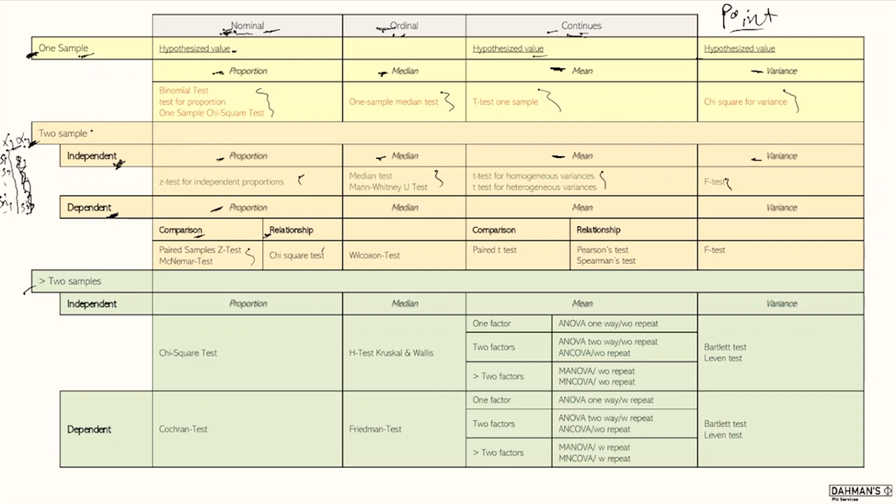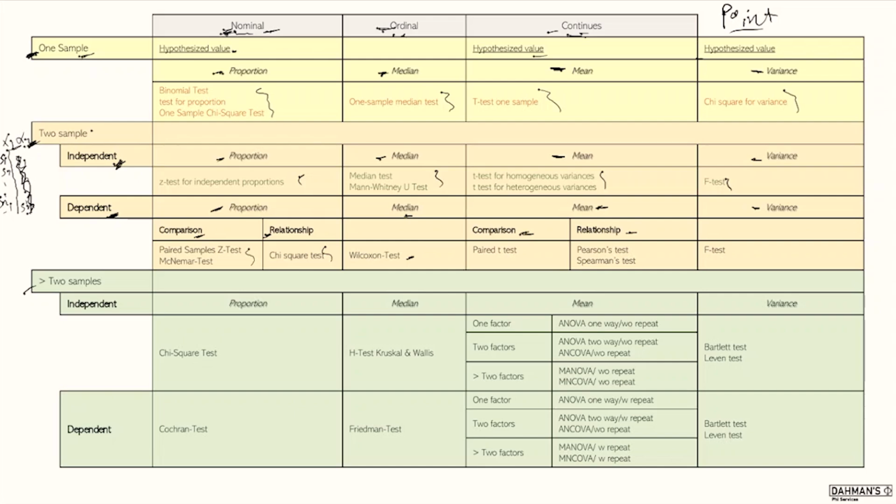Once again, you will end up finding the right test. In the case of the median, you might only have to deal with one test. But in the case of continuous, if it is the mean, you again might have two purposes: to compare the means or to find if there is a relationship. Otherwise, you might also be testing only against the variance from these two variables.